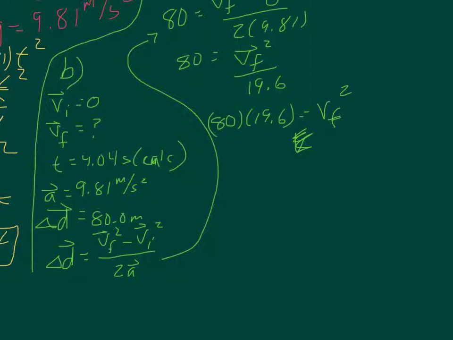So in order, I need to take the square root of both sides to get VF. So square root of 80 times 19.6.